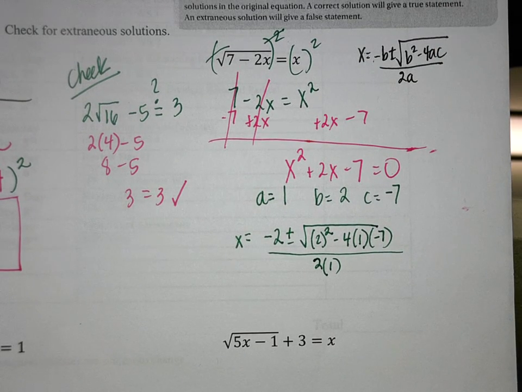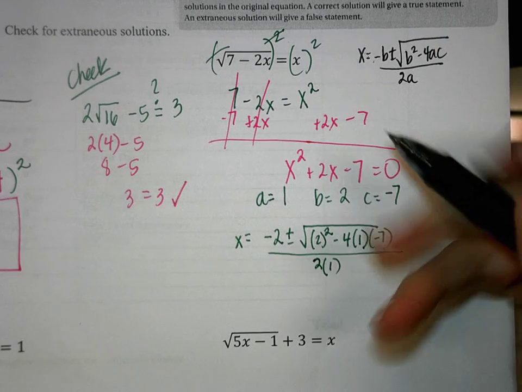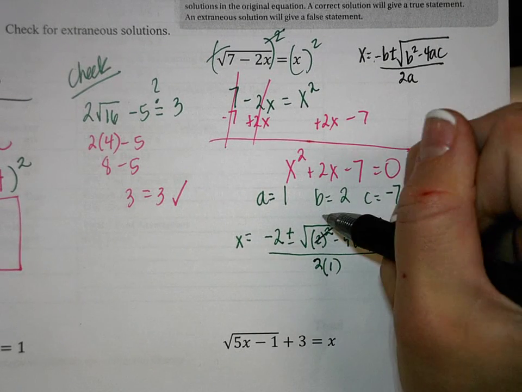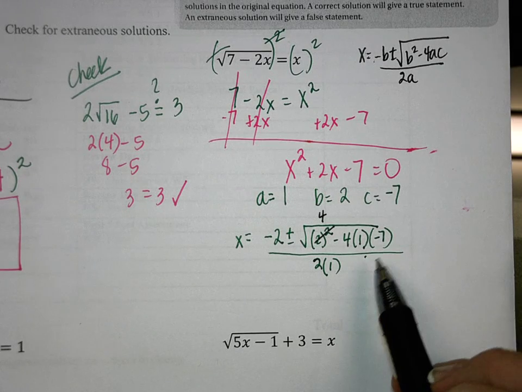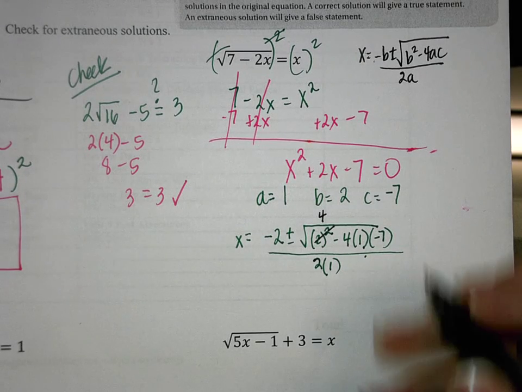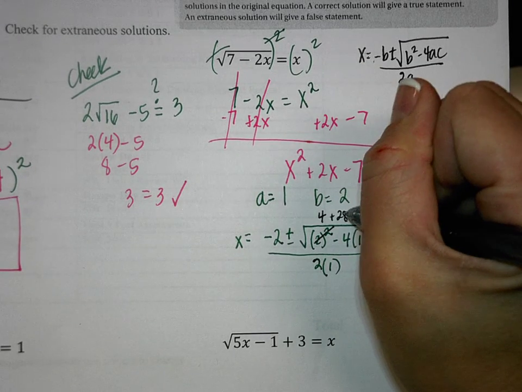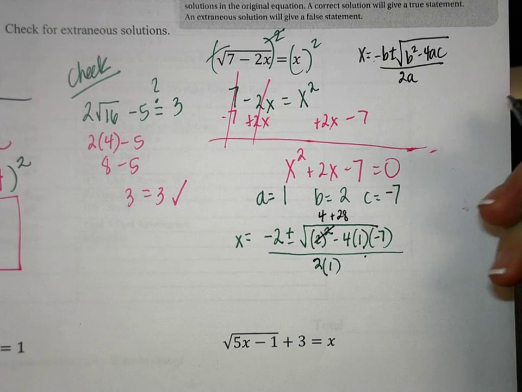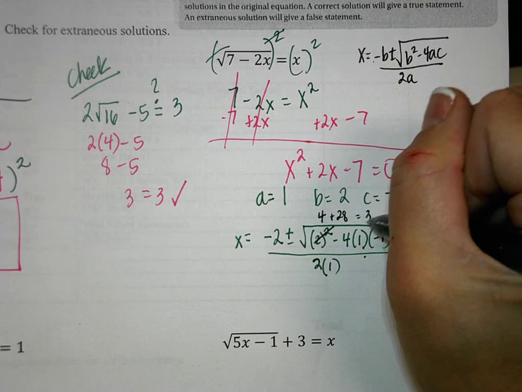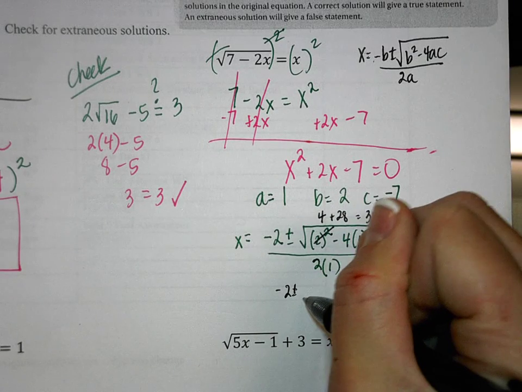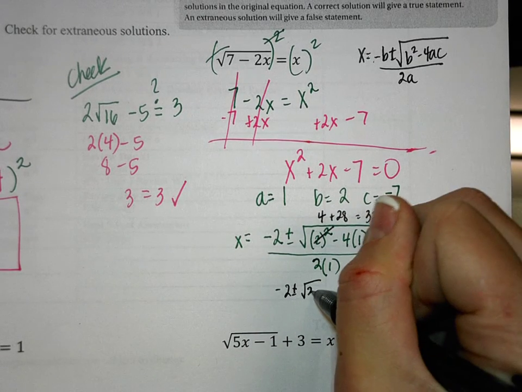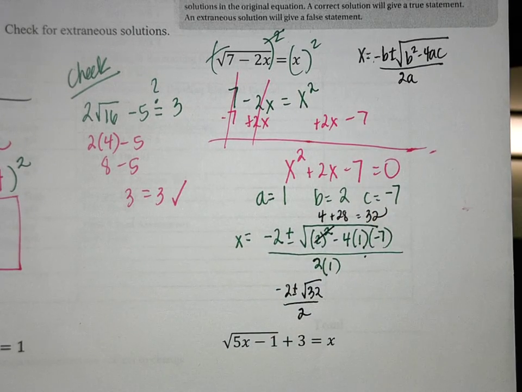So then we go through and simplify. What is 2 squared? 4. Minus 4 times 1 times negative 7 makes a positive 28. And 28 plus 4 equals 32. So we get negative 2 plus or minus the square root of 32 all over 2.